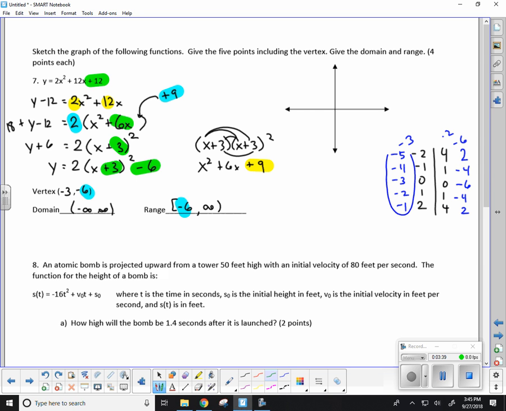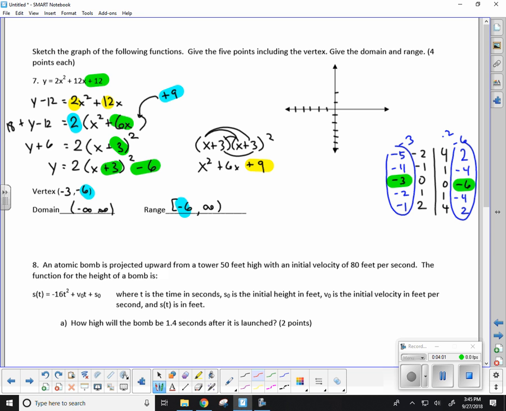And so notice that we have our 5 points, and we also have the vertex again right here, negative 3, negative 6. So our graph should look like, let's see, 1, 2, 3, 4, 5, and 1, 2, 3, 4, 5, 6, 1, 2.